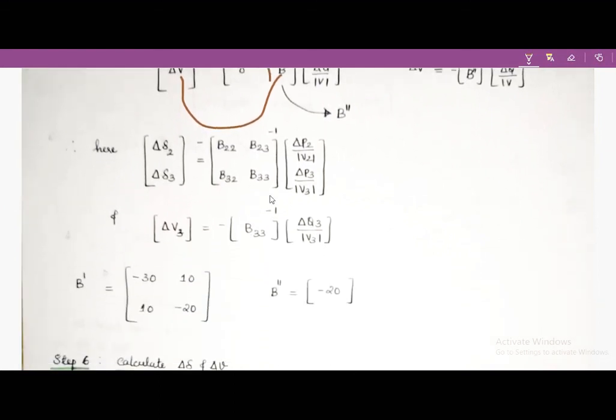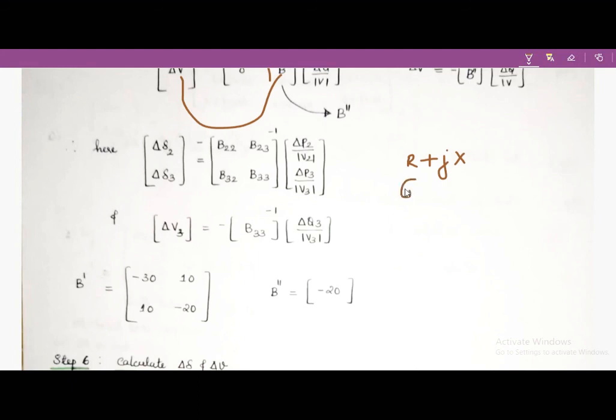So this element will be B33. Okay, now we will see what is this B22, what is this B23, etc. So we know that in the case of R plus jX, this is impedance. Similarly in admittance, what will we say? Conductance, isn't it?